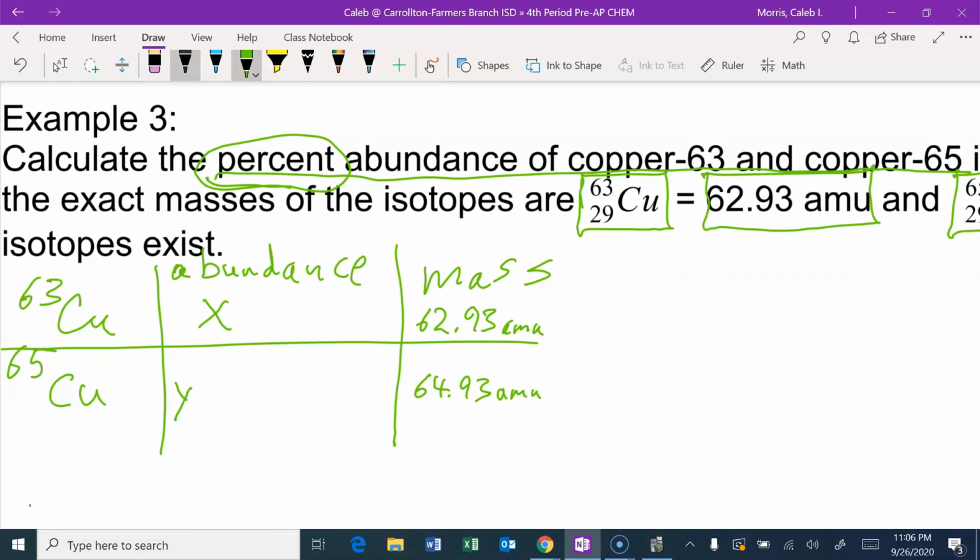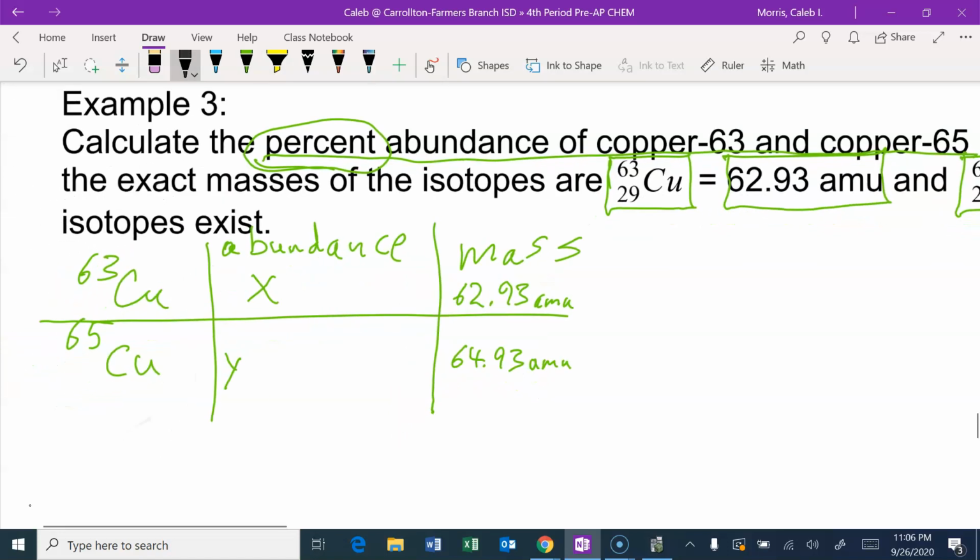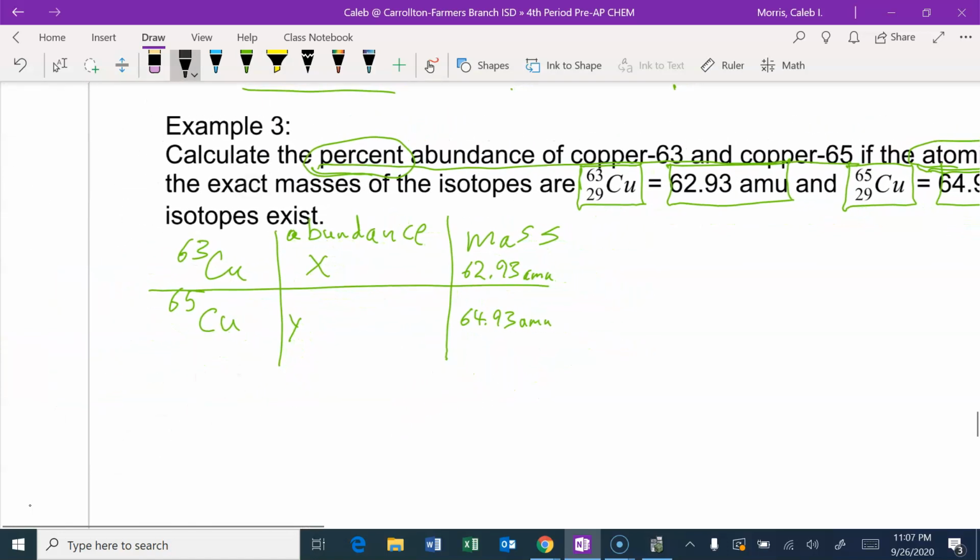So just a reminder for you, that Y isn't going to help me much because it's awfully hard to do math with two different variables and you don't know what either of them are. So what we want to do is replace Y with something to do with X. And we know that X and Y, those are abundances, which is like a percent turned into a decimal.